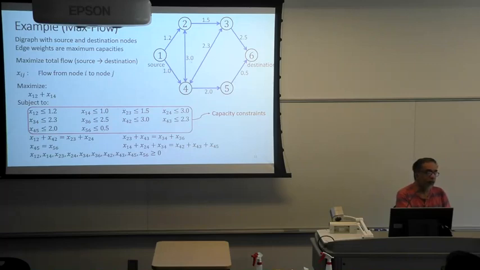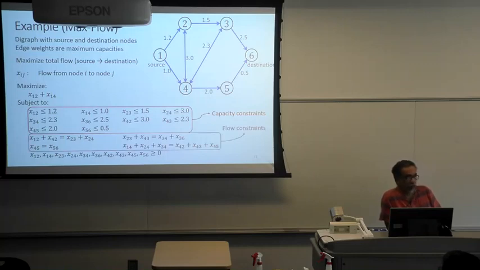The number of edges, including two-way edges, so count this as 2. This is like 2 edges. They are inequality constraints. These are capacity constraints, and these are equality constraints, the flow constraints. How many flow constraints do I have? The number of intermediate nodes, excluding the source and the destination.